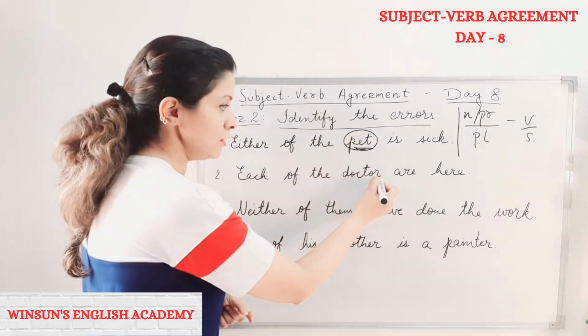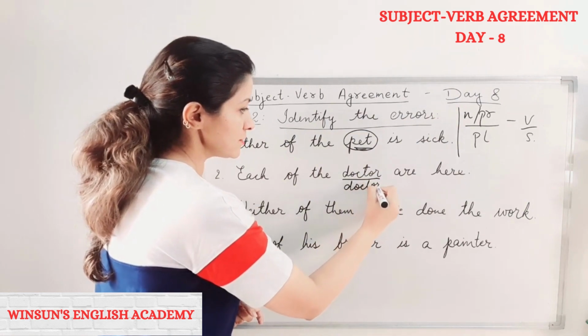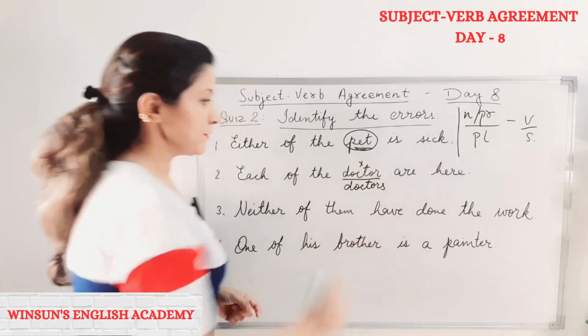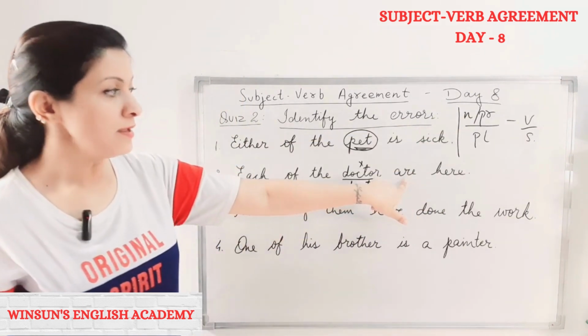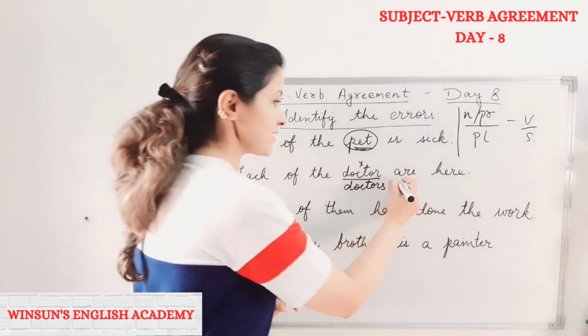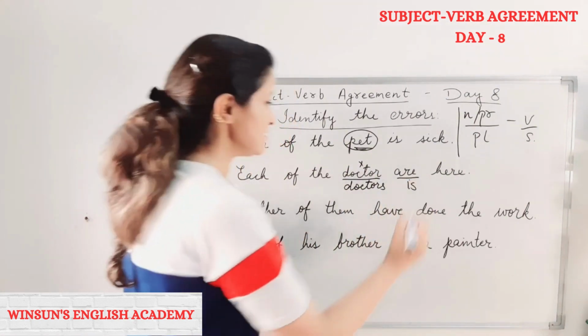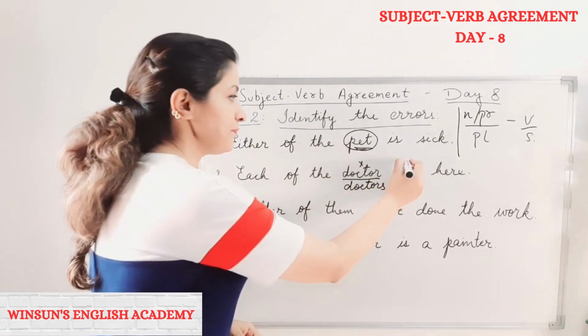Is it plural? No. It should be doctors. So this is error. And where's the next one? Verb must be singular. Is it singular? No. So this is also incorrect. It should be is. So each of the doctors is here.